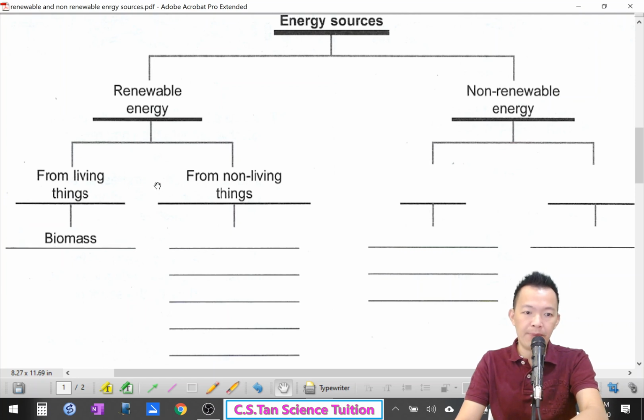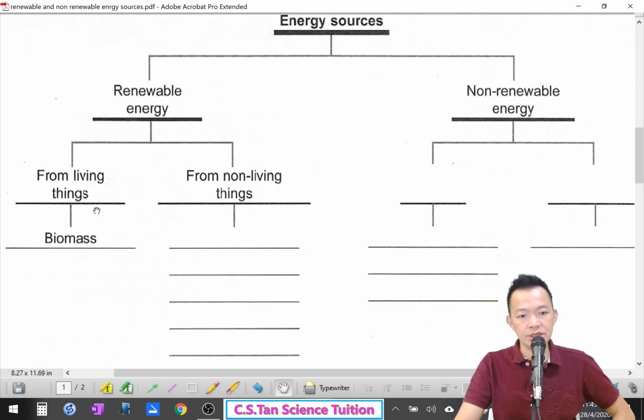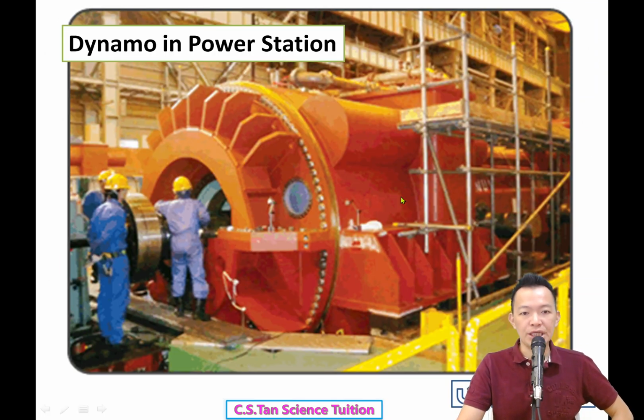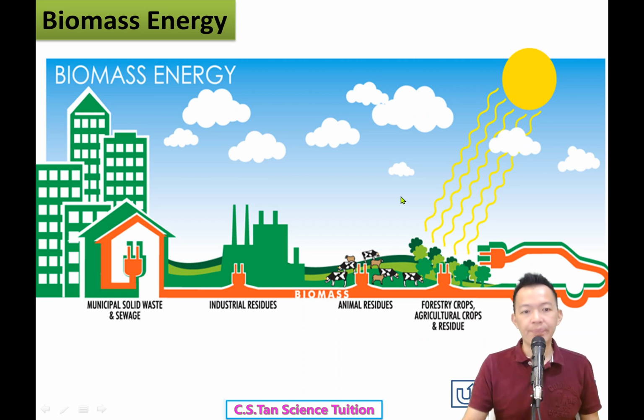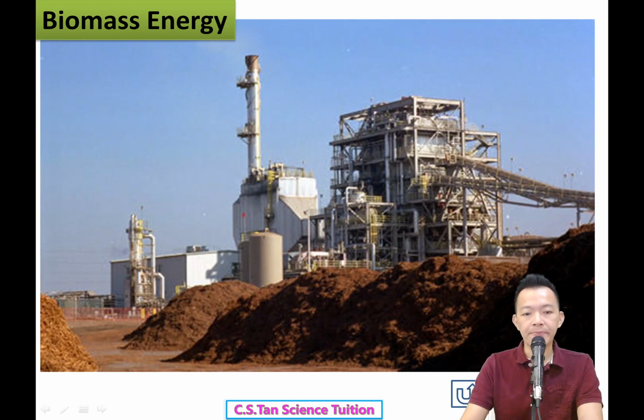So, renewable from living things. Any example? Biomass, 生物质. It is a kind of energy. Can it become electrical energy? Sure, 肯定可以. What is meant by biomass energy? 什么叫生物质呢? 来自生物的物质都可以产生电能. But how?